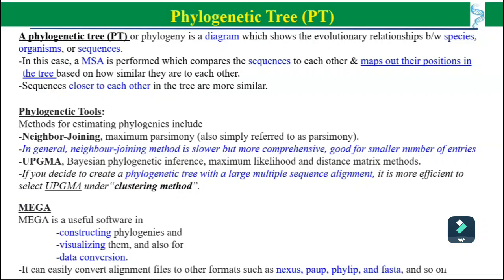And I will show you when we do the docking study in the last exercise that sometimes you need to change the format of the information that you download from the database, because the format which is available on the database originally is not compatible with your software. So you have to change the format of that file so that your software is able to read the file. MEGA can also help with that function if you want to.